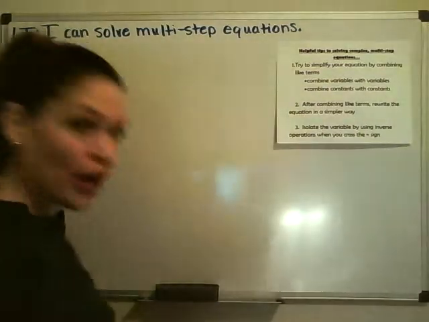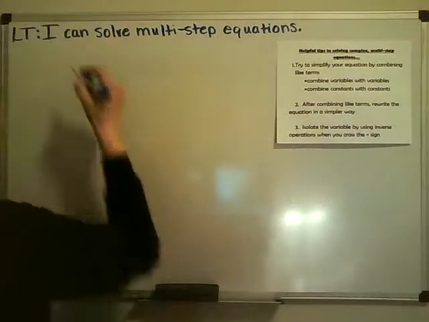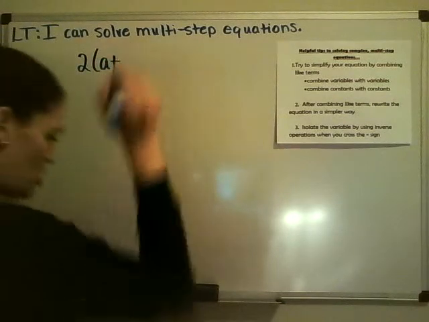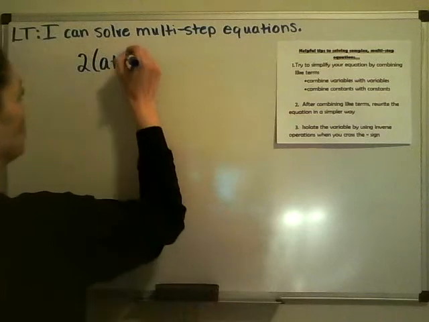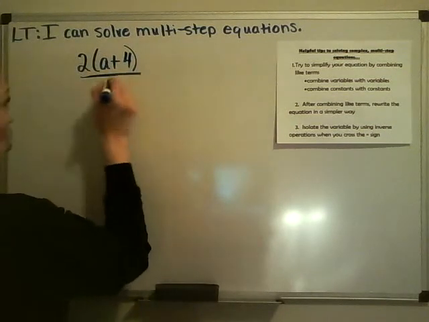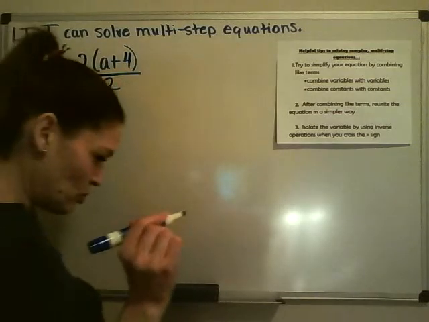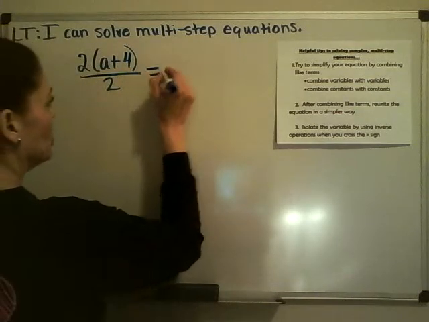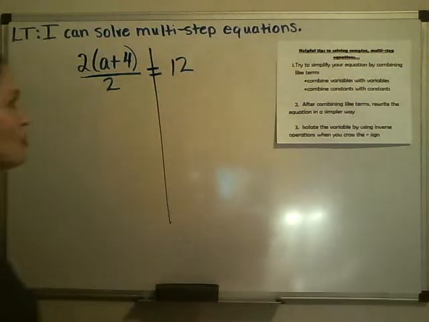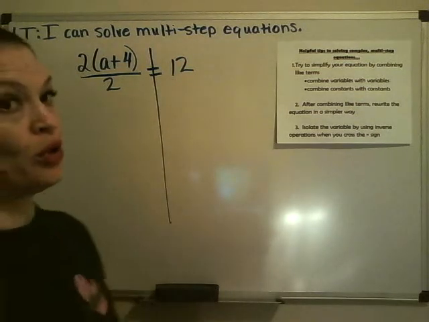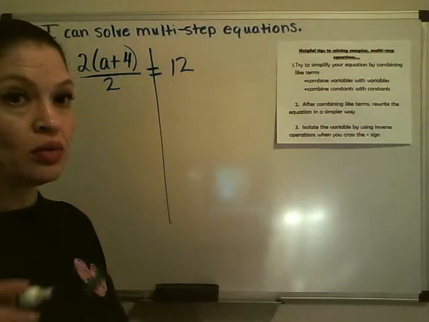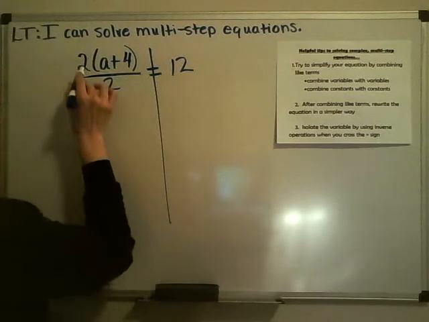All right, so our first problem reads 2 distributed to a plus 4. The whole thing has to be divided by 2 equals 12. What's your line? All right, before you can do anything, you got to distribute that to this coefficient.